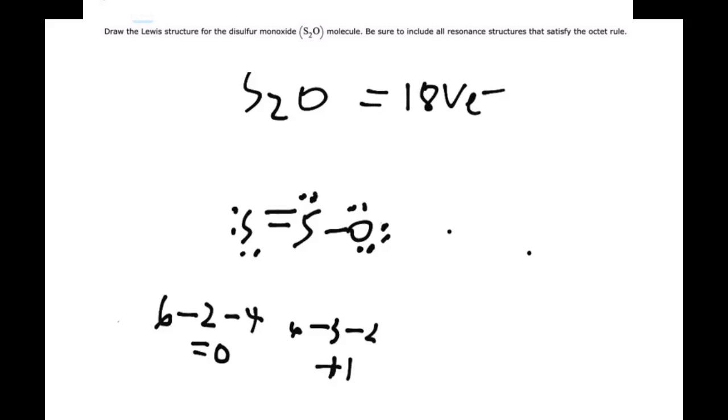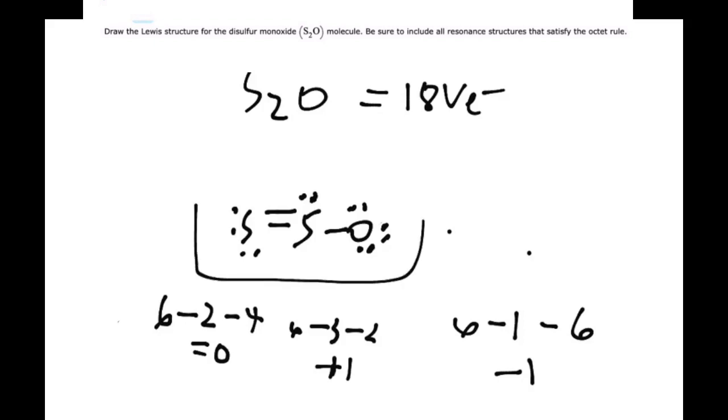You might say, oh no, that doesn't seem right, but if we look at the last one, oxygen started with 6, has 1 bond, and also has 6 electrons in lone pairs. So that ends up being a negative 1 charge, and your overall structure is neutral. So this is the correct structure, and there are no resonance structures.